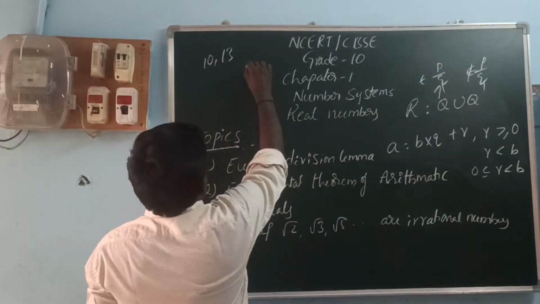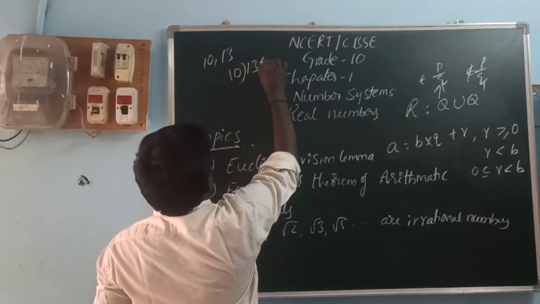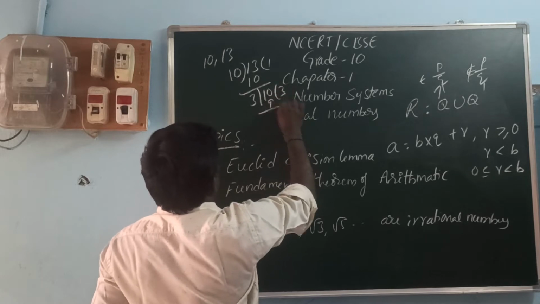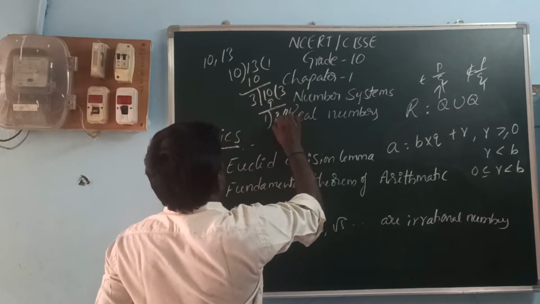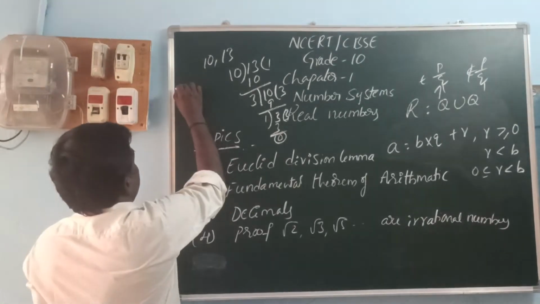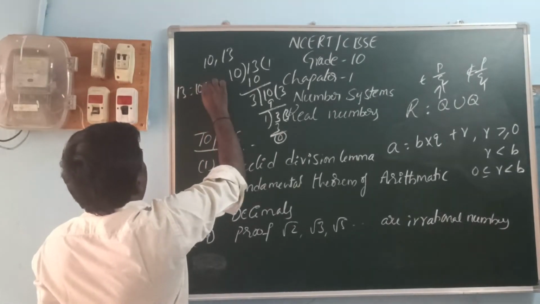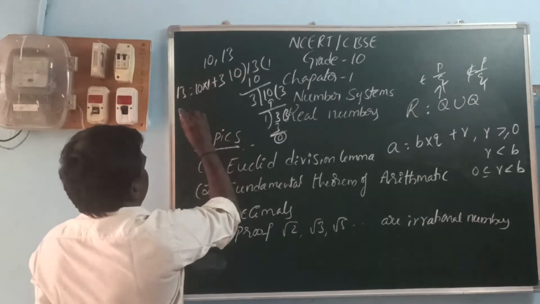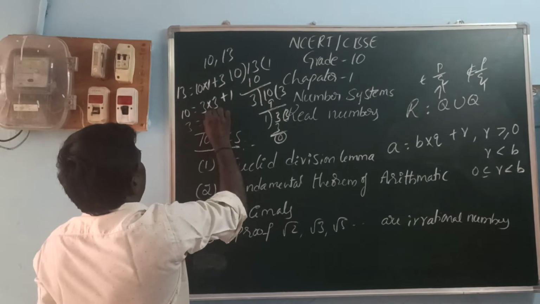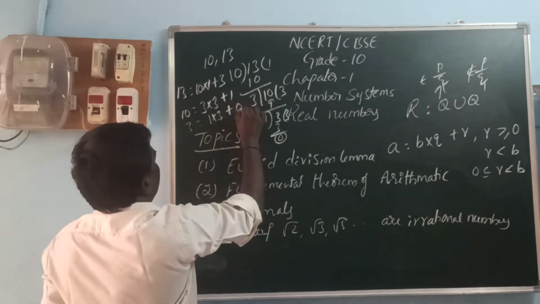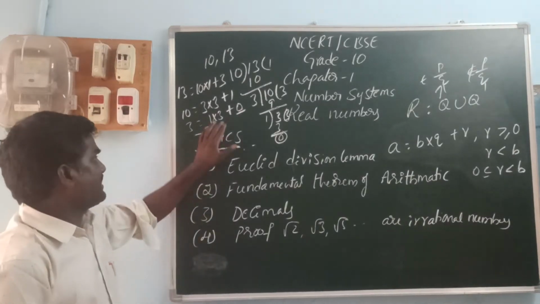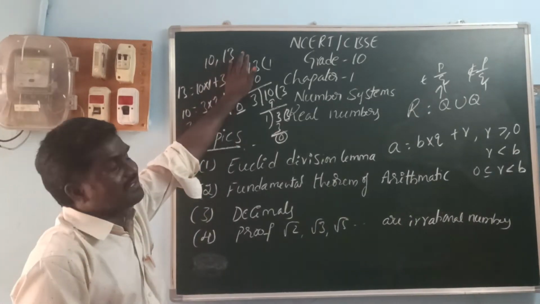How can we find it? 10 once is 10, remainder 3; 3 times 3 is 9, remainder 1; 1 times 3 is 3, remainder 0. So we can write the Euclid division lemma: 13 is equal to 10 into 1 plus 3. Next, 10 is equal to 3 into 3 plus 1. Then 3 is equal to 1 into 3 plus 0. We get remainder 0 at divisor 1. So the divisor 1 is the HCF of 10 and 13.